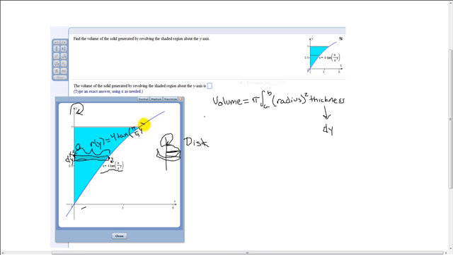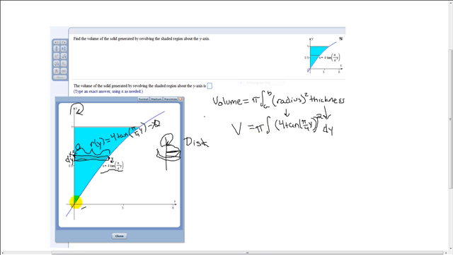So 4 tangent of pi over 4y minus the lower x over here is 0, so minus 0, which you don't even really need to write. So the radius in this problem is 4 tangent of pi over 4y. And we want that entire quantity here squared, radius squared.